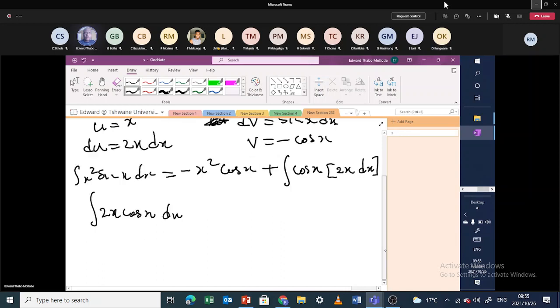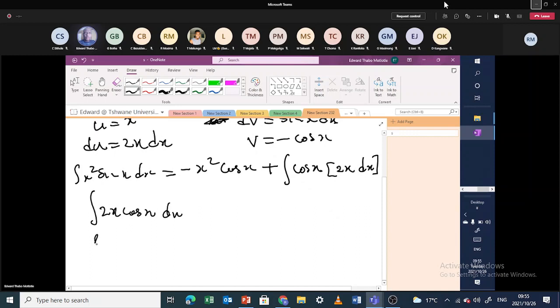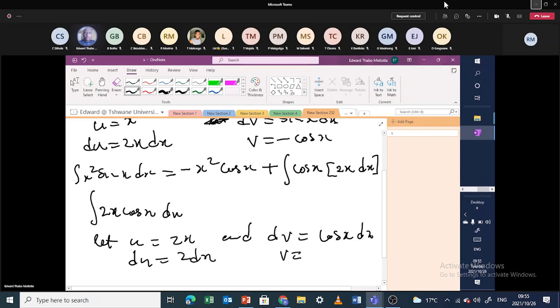On this one, we let u equal to 2x and dv equal to cos x dx. Now differentiating, we have du is equal to 2 dx. Here we have v equal to sine x.